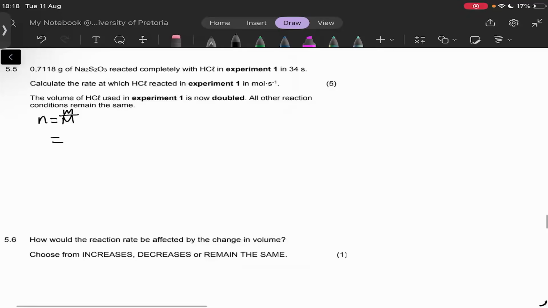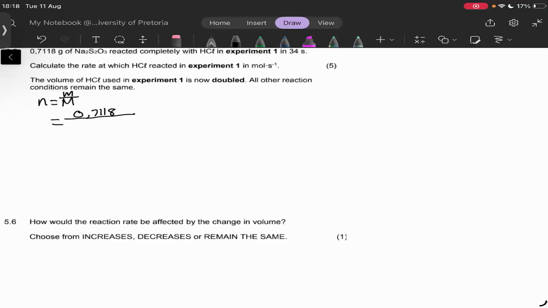My mass is the given 0.7118 grams, and my molar mass I have to calculate. In the chat, I want to ask you, what is the molar mass of sodium thiosulfate? Let's try get that, because we want to end up finding the moles of sodium thiosulfate, Na2S2O3.